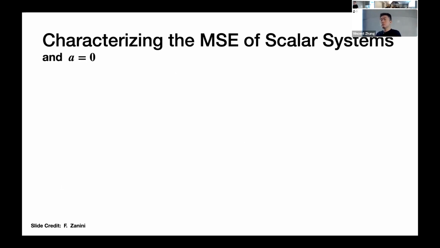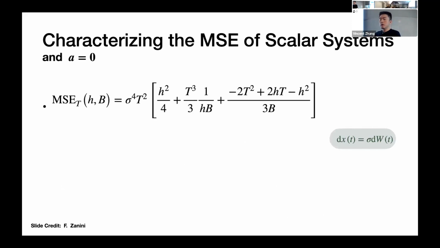Right? So one way is to further simplify this setting by just setting a to 0. And then we just have a scaled Wiener process. And that turns out to highly simplify the MSE. Now we can look at the order of H, which is what we care about.